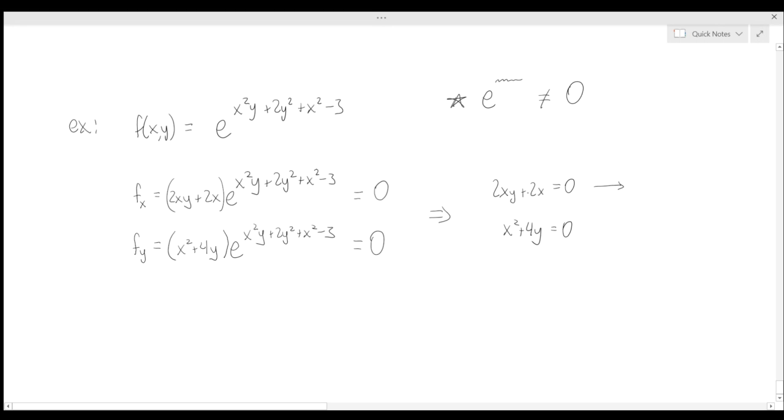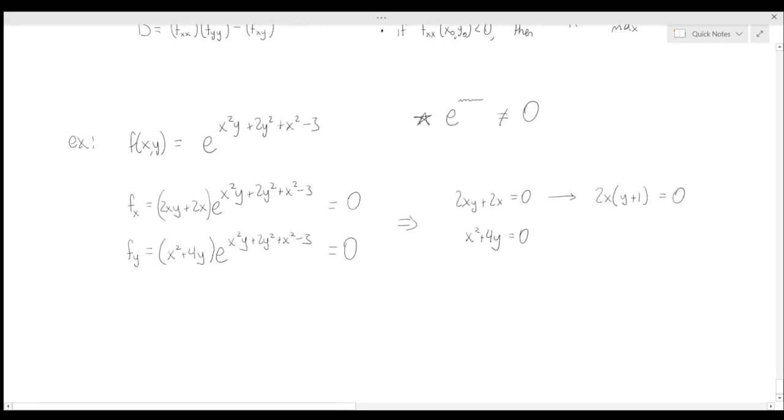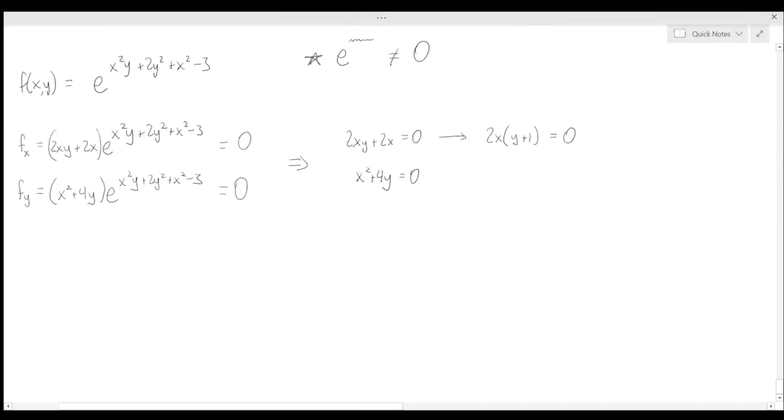In particular, I see that there's a 2x common to both terms. So I'm going to factor out the 2x, which will leave me with y plus 1 equal to 0. And from there, that gives me two possibilities. So for this to be 0, either x is 0 or y could be negative 1. Okay.